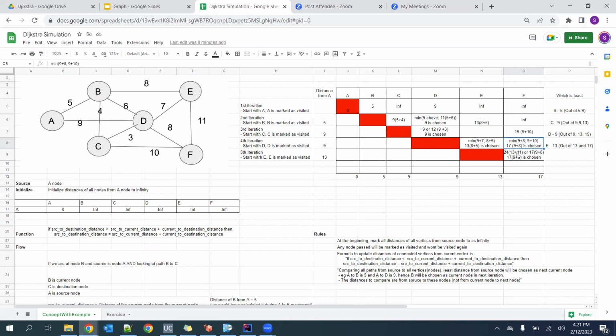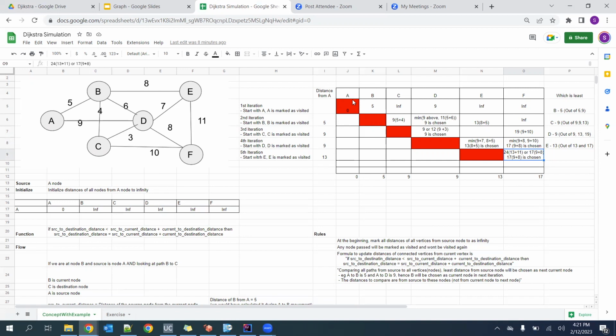So 13 plus 11 becomes 24. This is 24 if you go via node E, but we already have source to F as 17. What is the minimum between 24 and 17? It is 17, so this 17 is chosen.